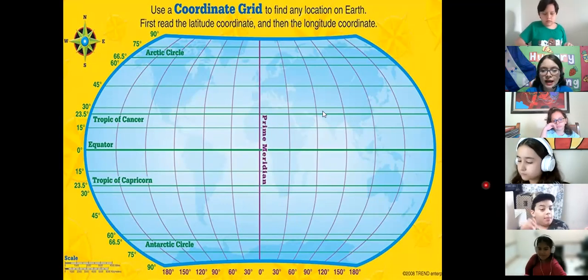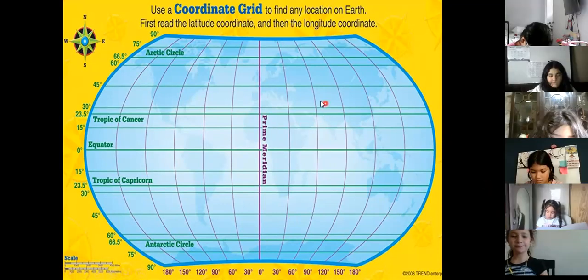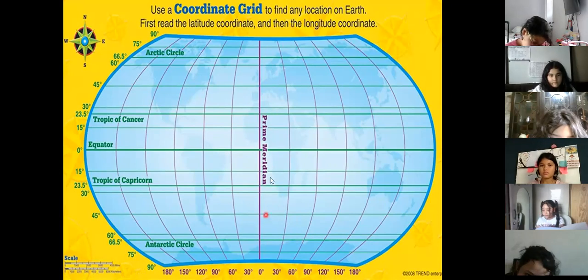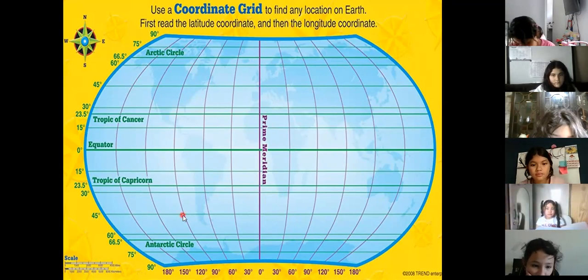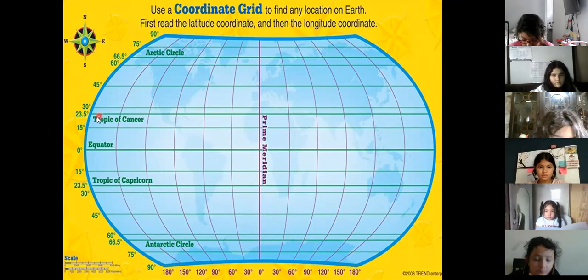So as you can notice, we have a coordinate grid to find locations on the Earth. For example, here we have the prime meridian, which is the line of longitude, and the equator, which means that we have the lines of latitude. If we want to find the Tropic of Cancer, it is here, with the line, so we know that it's at 23.5.